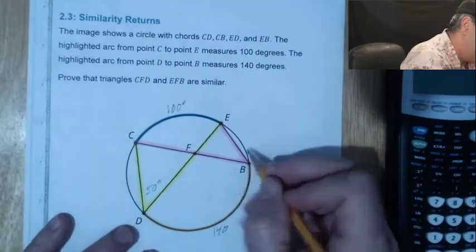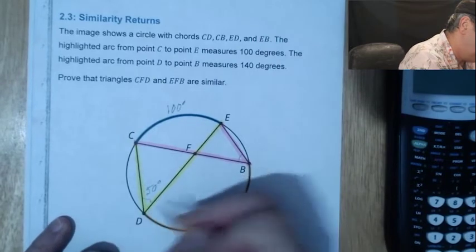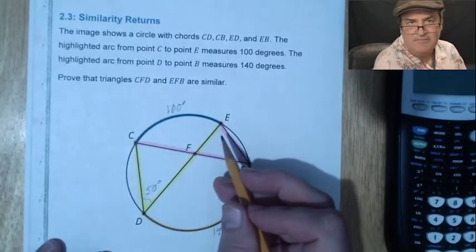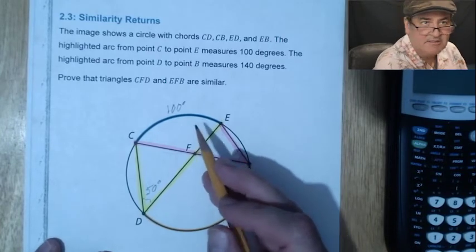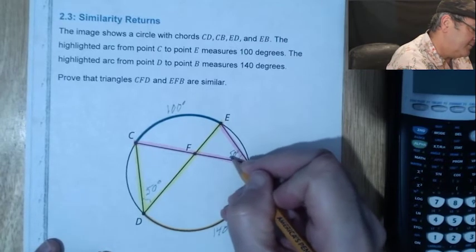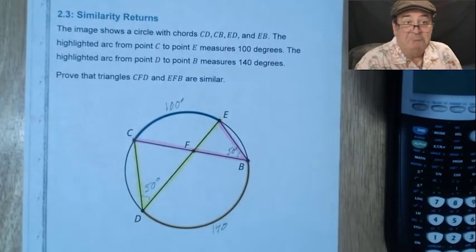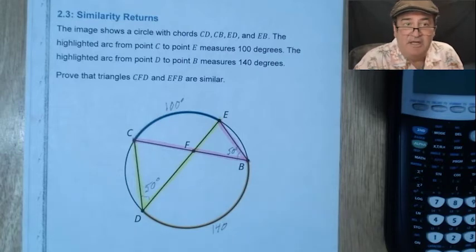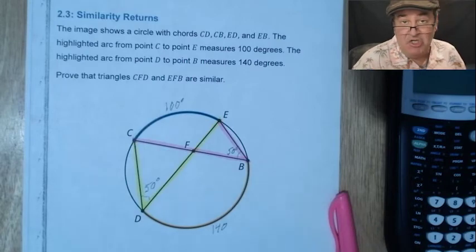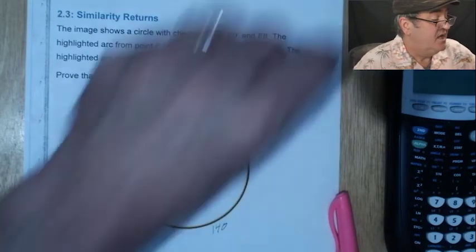So this angle here would have to be half of whatever the central angle is, which would be the same as the arc. So it would also have to be 50 degrees. Hey, we're getting somewhere. Both of those are 50-degree angles. Well, that's good. That gets us started.